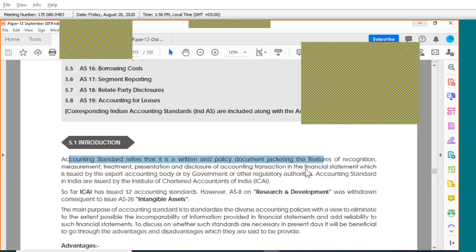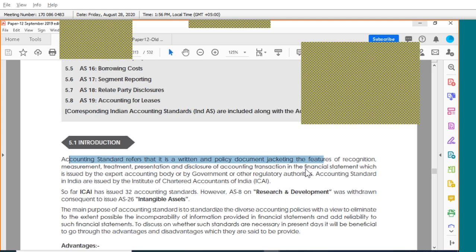For example, I purchased one bus for my employees. Should I recognize this as an asset in my company?